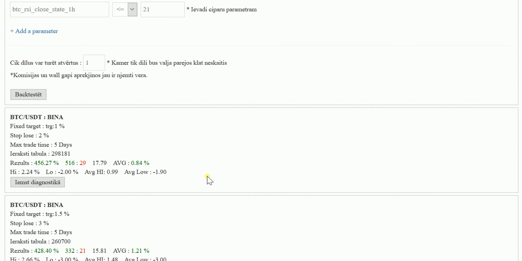Firstly, the first thing this backtesting tool points out is a set of data: if there would be a fixed target of 1% and a fixed stop loss of 2%, if the maximum trade time is 5 days, then you will get a result of overall 456% return, and you will overall have 516 positive trades and 21 negative trades, with overall ratio of averages. Average trade is 0.84%.